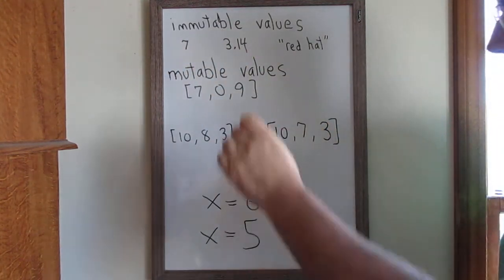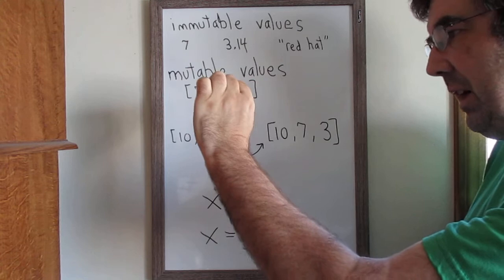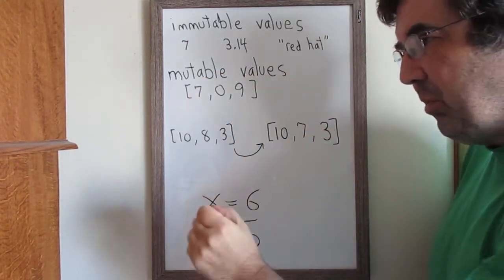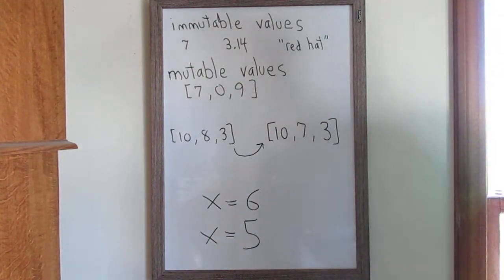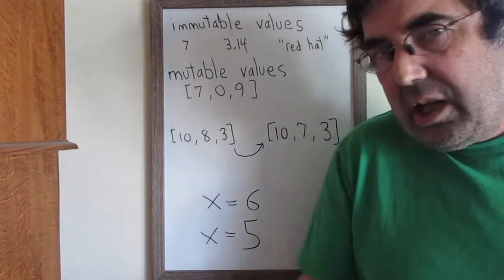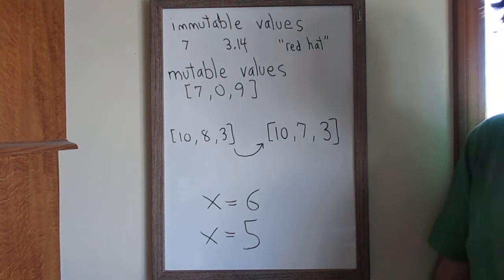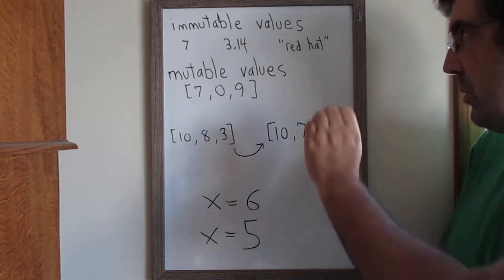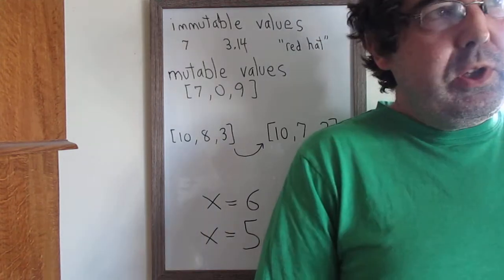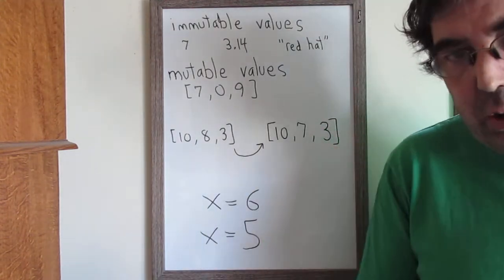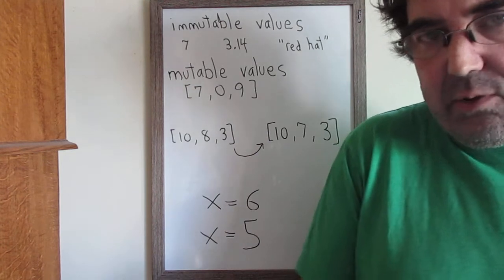You cannot take the number and modify a little piece inside that number value. You cannot do that. And in general, a string is usually an immutable value as well. That depends upon what programming language you're using and what choices the designer of that programming language made.